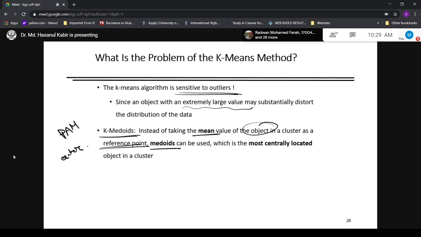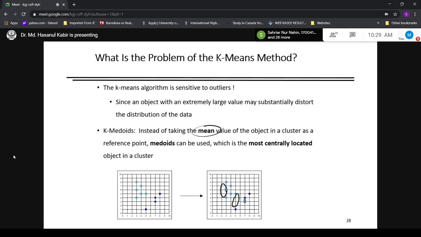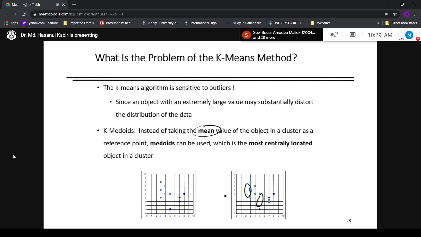Is this understood? Yes. Okay, that means in case of K-means, we compute the mean as the center of the cluster. But in case of K-medoids, we take one of the members as the centroid of the cluster, and let's see how it looks.